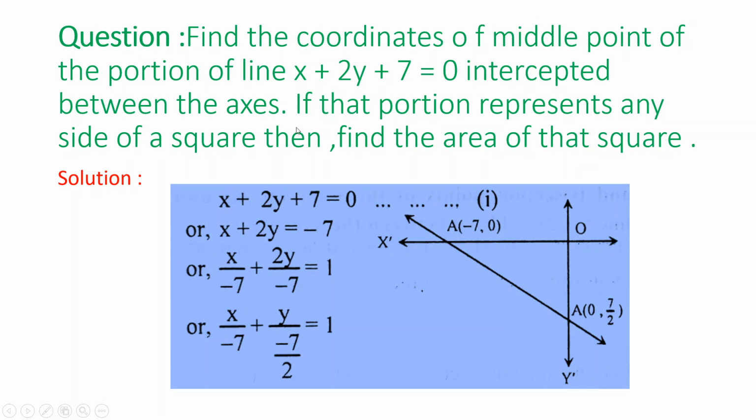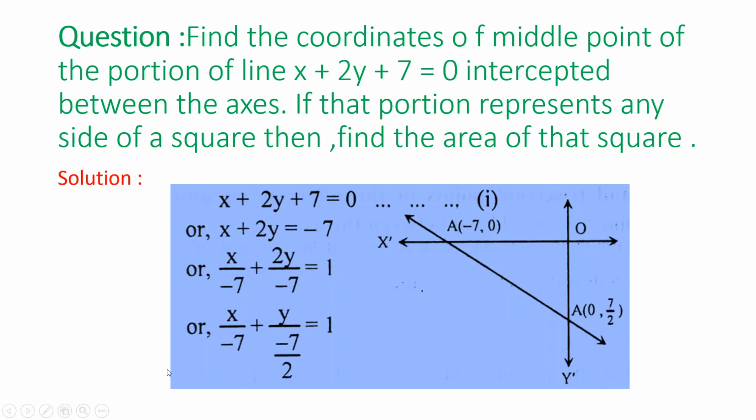Here the given equation is x plus 2y plus 7 equal to 0. This is equation number 1. From this, boys, we can write x plus 2y equal to minus 7. If we divide this equation by minus 7, then we get x by minus 7 plus 2y by minus 7 equal to 1. We can write this equation in the form x by a plus y by b equal to 1.